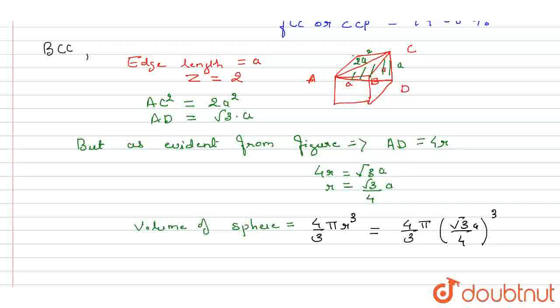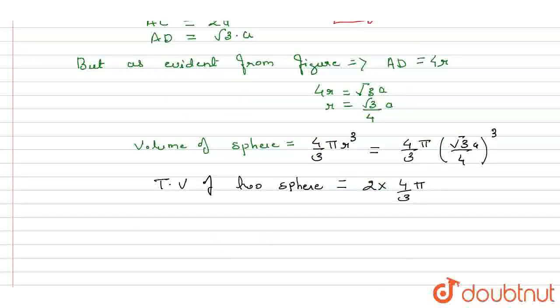Now we have to identify the total volume of two spheres. So the total volume of two spheres will become 2 into 4 by 3 pi under root of 3 by 4A whole cube.